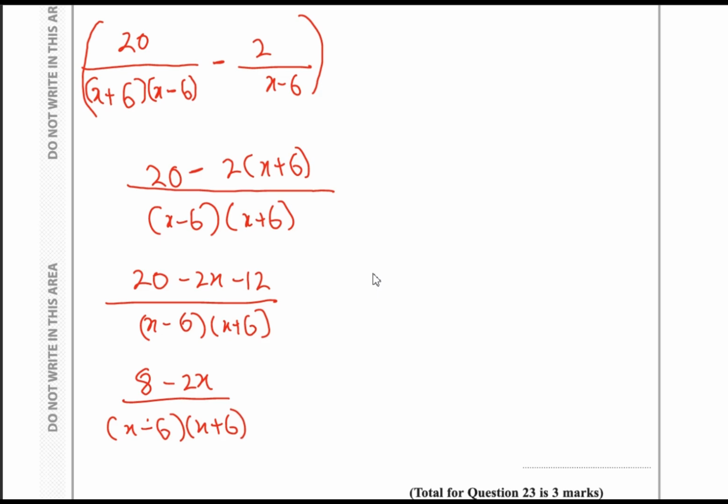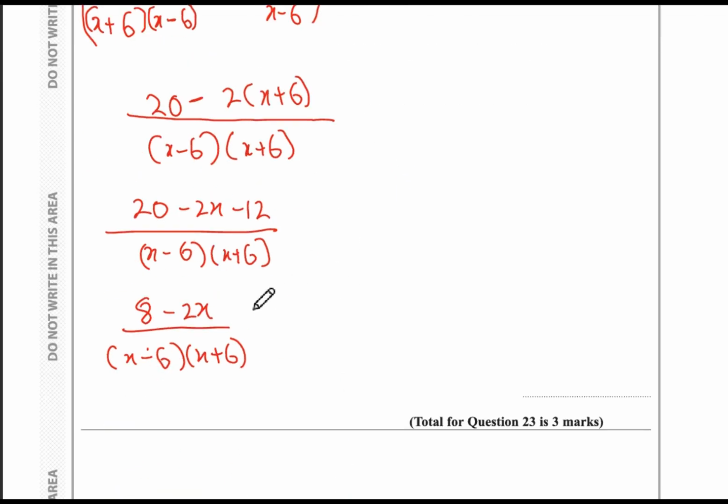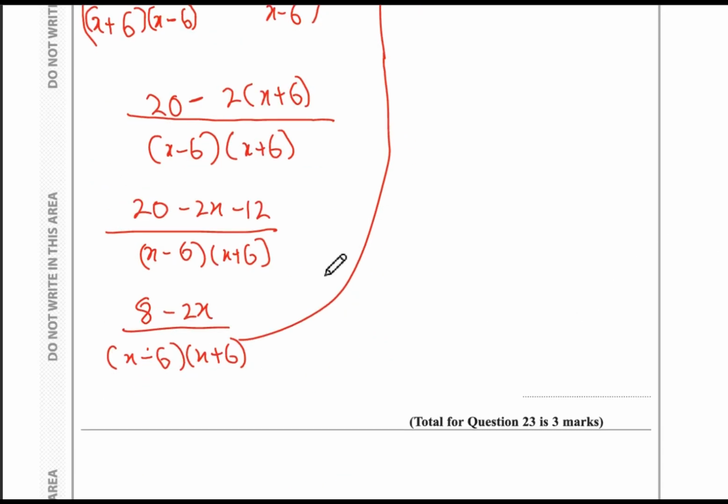And one other thing that we can do here, so we have 8 minus 2x, I can take 2 out.